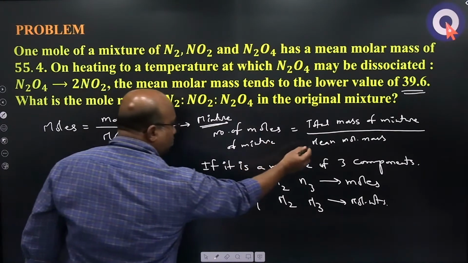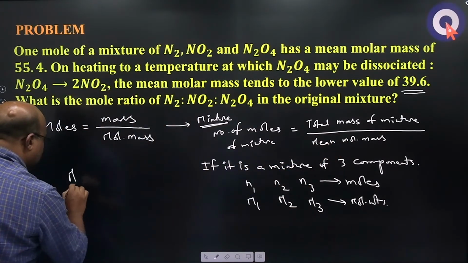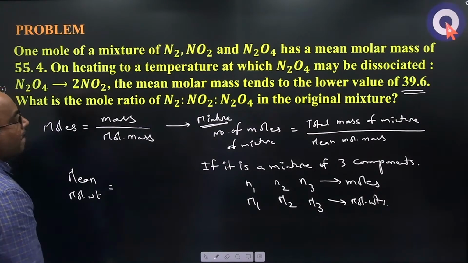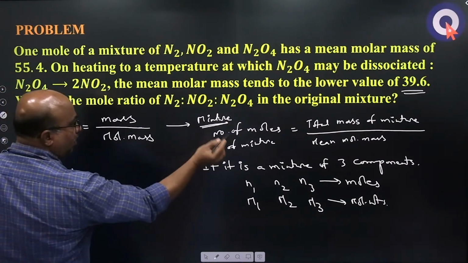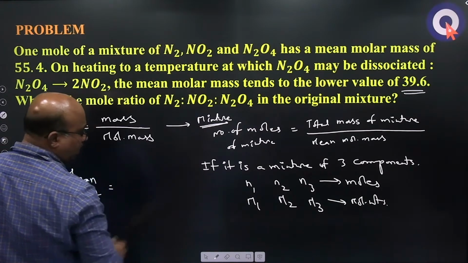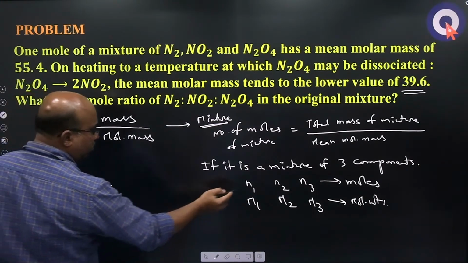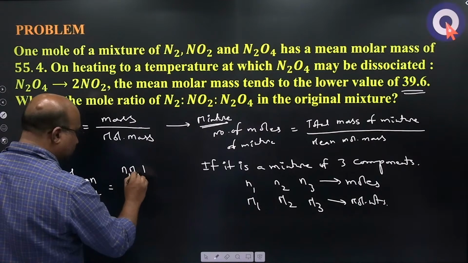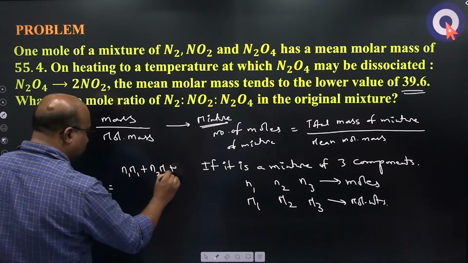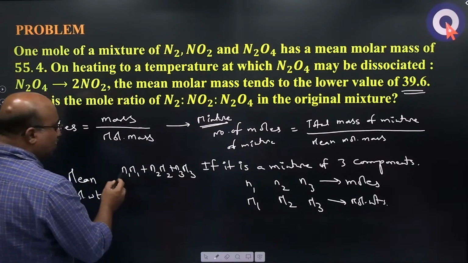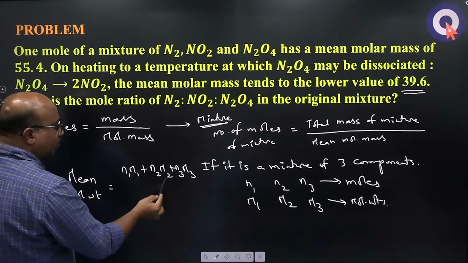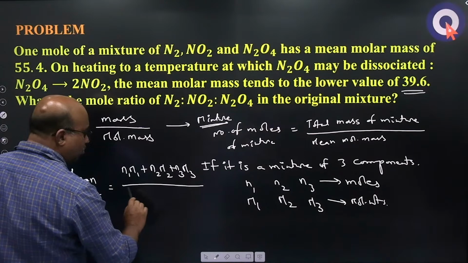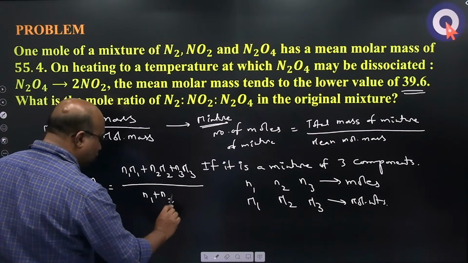Then the mean molecular mass is the total mass, moles times molecular weights: first component mass plus second component mass plus third component mass, that is N1 M1 plus N2 M2 plus N3 M3, by the total moles, N1 plus N2 plus N3.